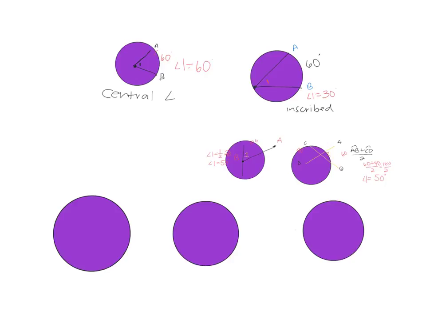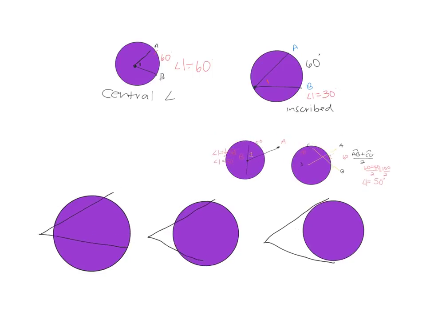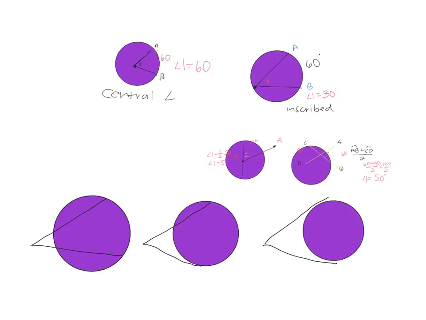And then the last 3 were if I had 2 secants, a secant and a tangent, or 2 tangents. For each of these, with these angles outside the circle, I use exactly the same thing, which is what?